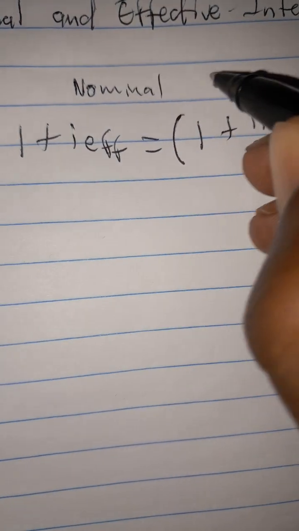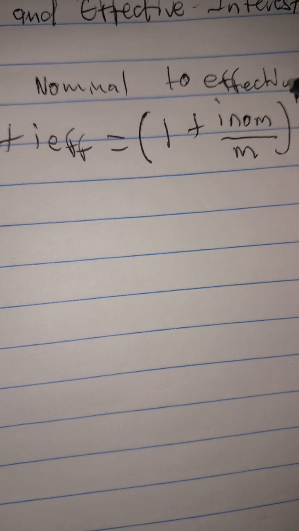Okay, so let's get to the formula. The formula is given as 1 plus I effective is equal to 1 plus I norm, which is nominal interest, divided by the compounding periods, to the power of m. You can use this formula when you want to convert nominal to effective interest.